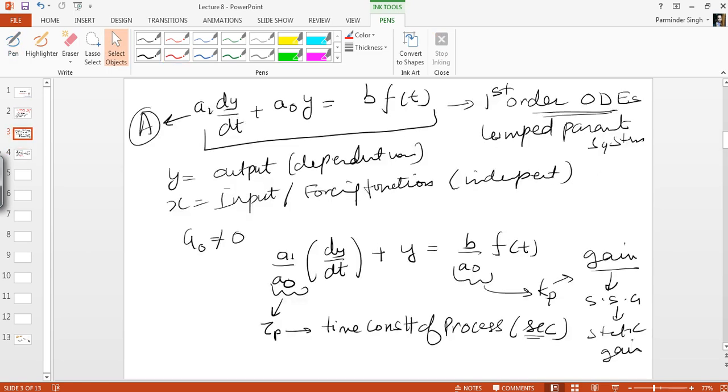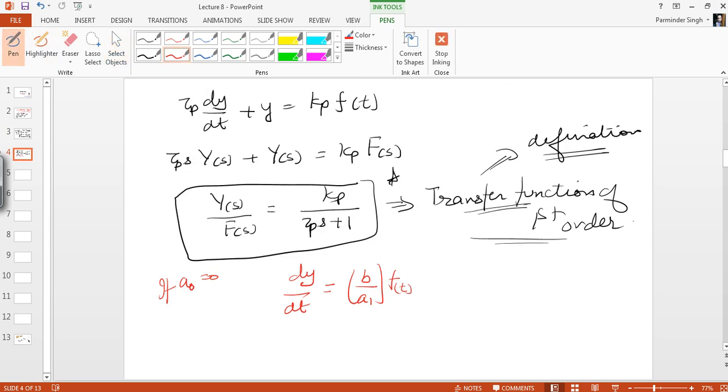You take a naught as 0, that means this term is 0. So what do you have? dy by dt as b times f(t), that is what I've written over here. Now take the Laplace of this. So what do we have? Simply Y(s) upon F(s) as K' over s, where K'p is nothing but b by a1.